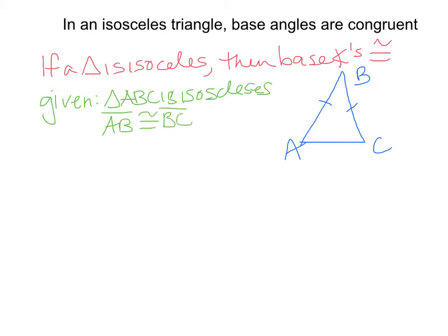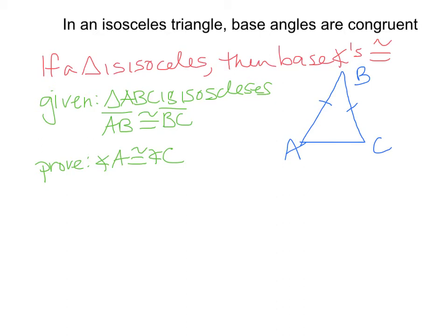That's a definition of isosceles, okay? And then what you're trying to prove in this case is angle A is congruent to angle C. Base angles are the angles made by the legs and the base, right? And this is the base, it's the not congruent side.